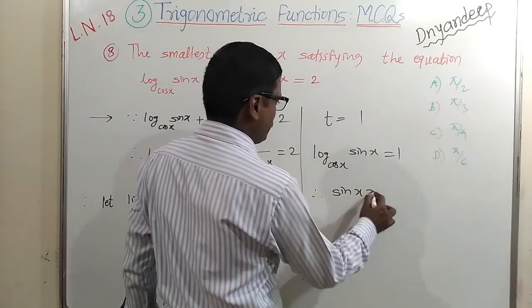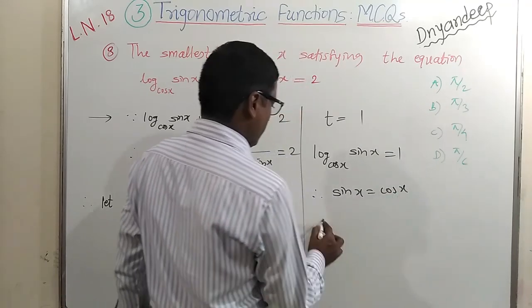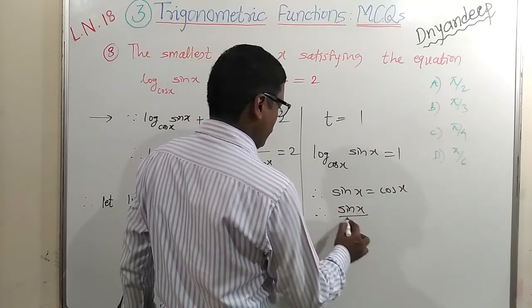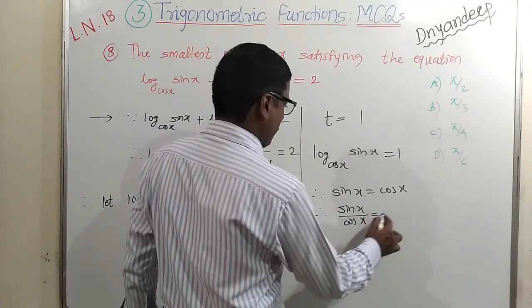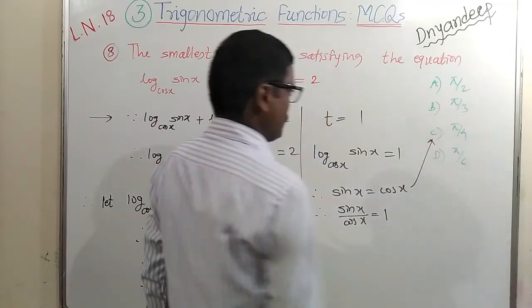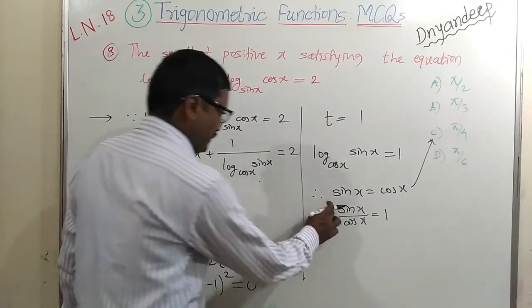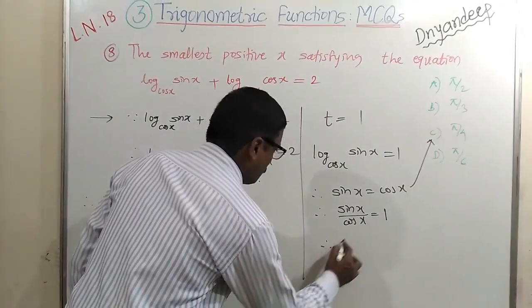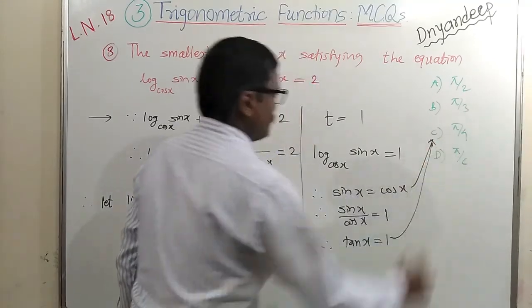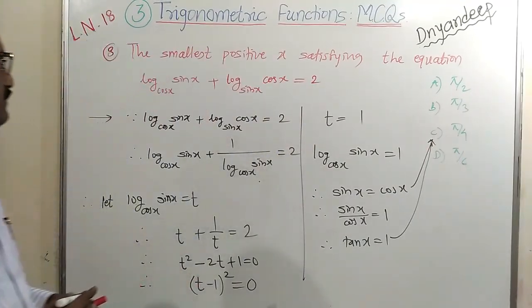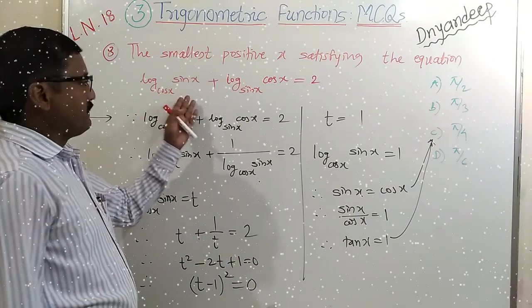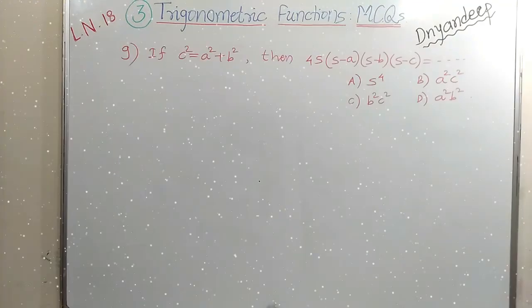So sin x equals cos x, which means tan x equals 1. It implies x is equal to pi by 4, and that is the smallest positive value which satisfies this equation. Okay.